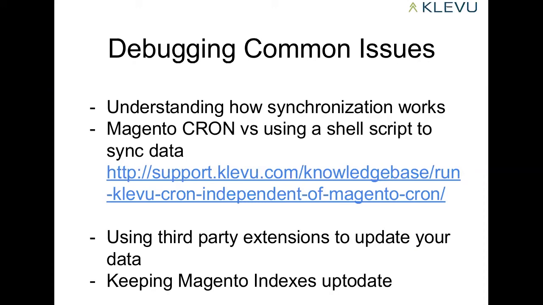In that case, the plugin is shipped with a shell script. There are instructions available in our support knowledge base on how to set up the shell script, and we request you to use that shell script to perform the data synchronization.